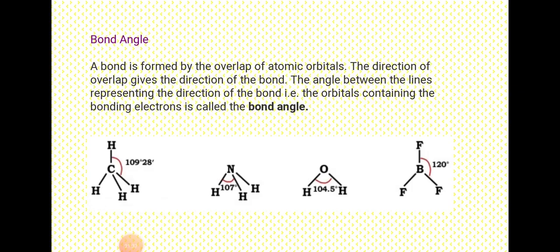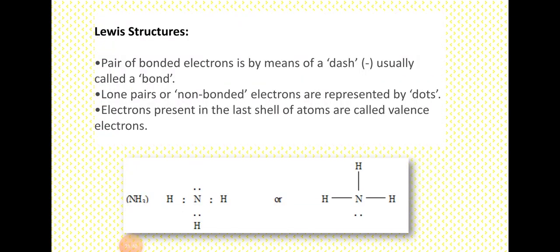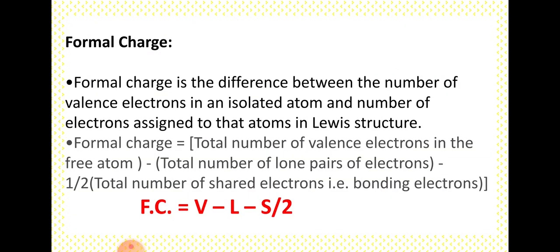Okay children, next let's take some time to understand what is formal charge. In polyatomic ions, the net charge is possessed by the ion as a whole and not by a particular atom.